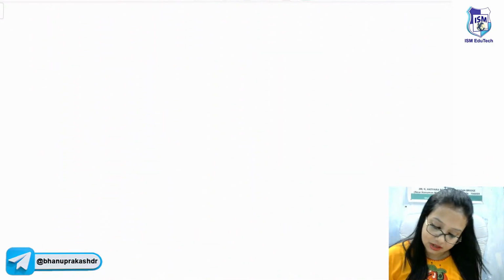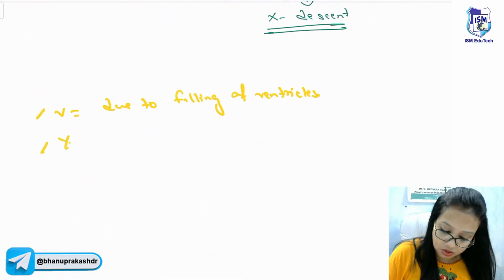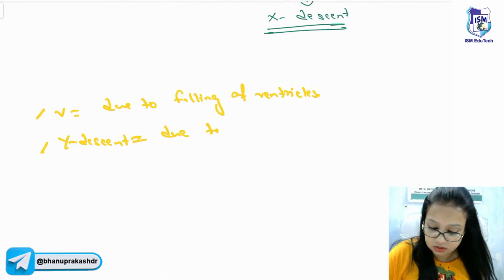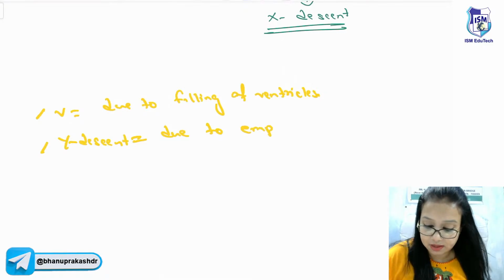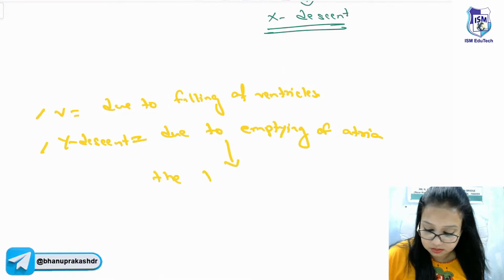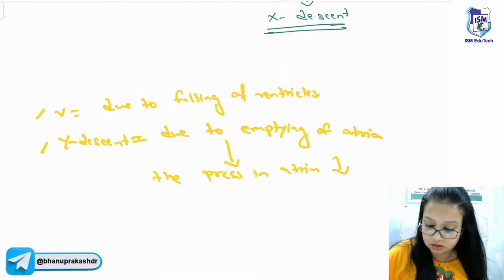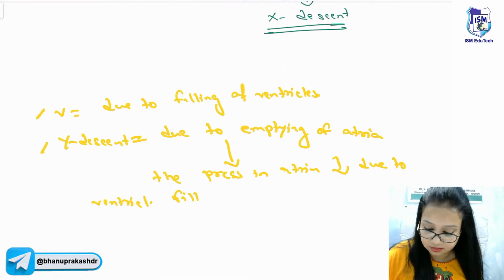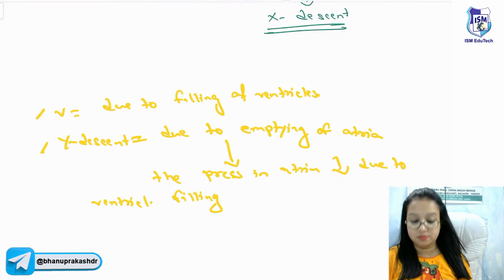Now, after that, what is the Y descent? Y descent is due to emptying of atria. The pressure in atria drops due to ventricular filling, the active filling mainly.